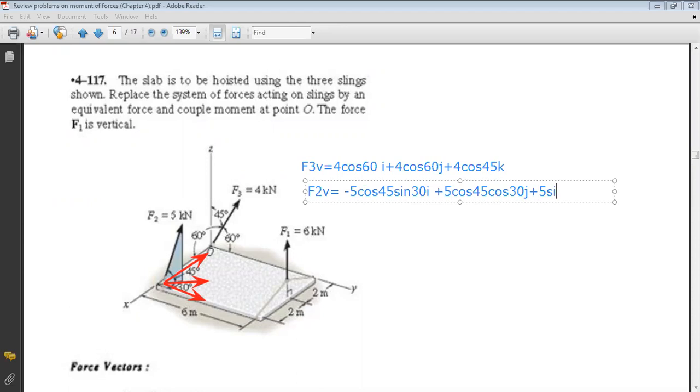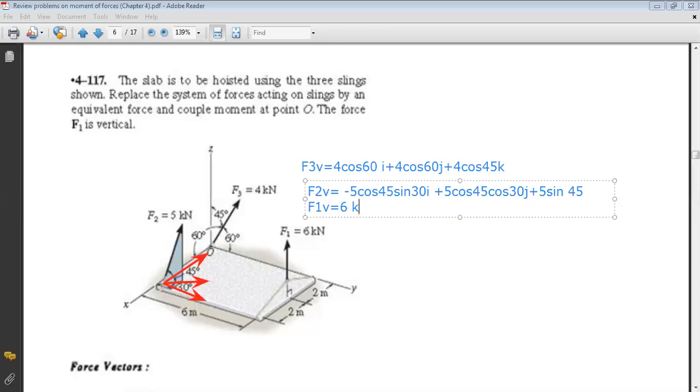Okay, while F1 is the easiest one, it has only a component along z, so F1 vector is equal to 6K.